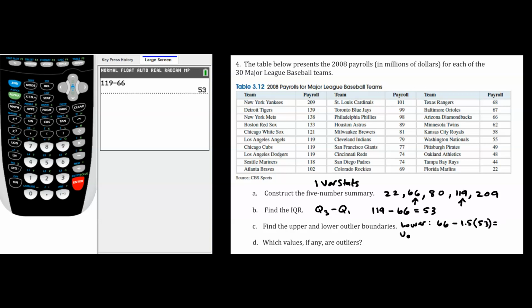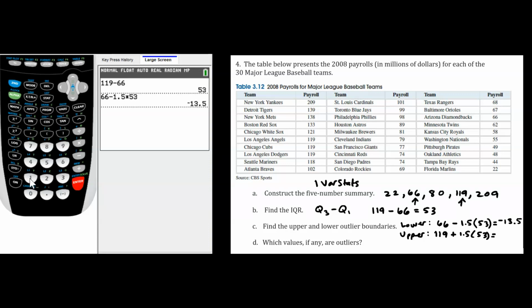And then the upper boundary is going to be Q3, which is 119, plus 1.5 again times that IQR. So let's punch these into the calculator and see what boundaries we get.